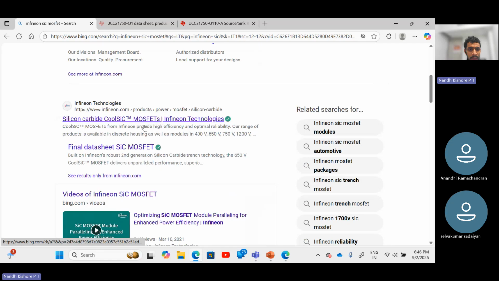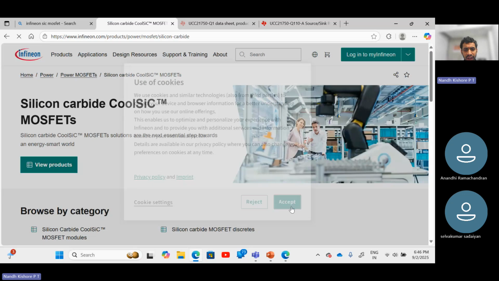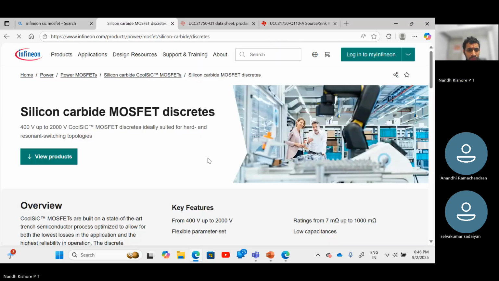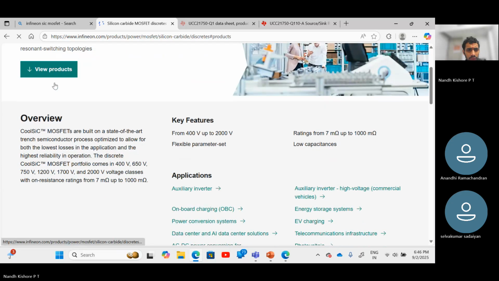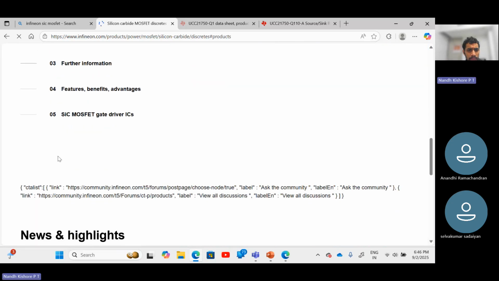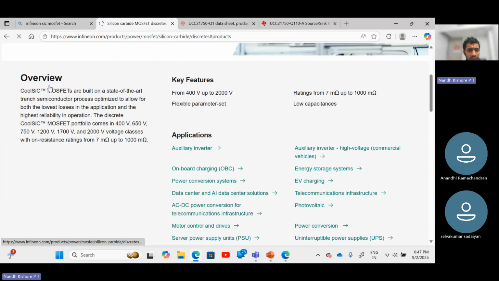Infineon is a well-known company that manufactures devices and modules, and even other ICs as well. So let's select a product.